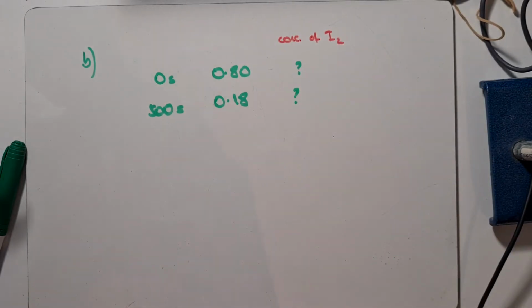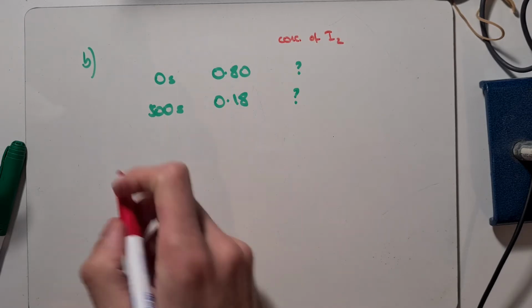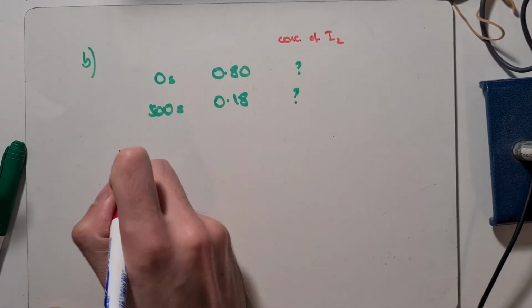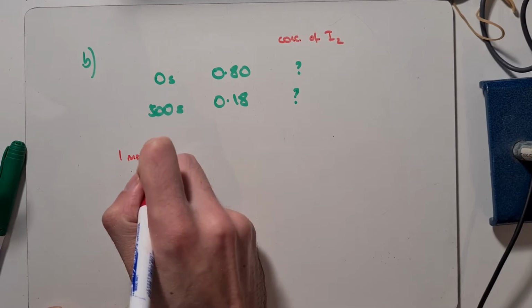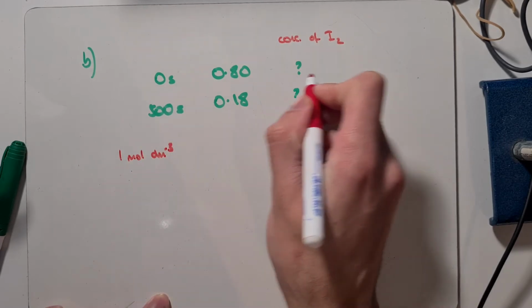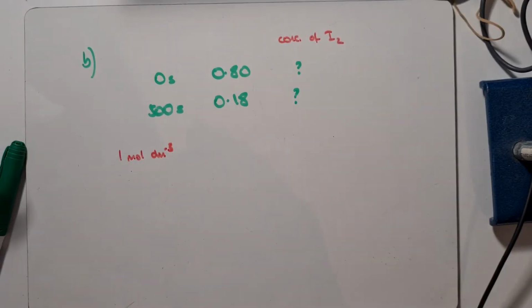Generally people saw what the initial concentration of the I2 was, and they went, well, I've got 1 mole per decimetre cubed, so this must be 1 mole per decimetre cubed. But that's not the only thing that's in the mixture.